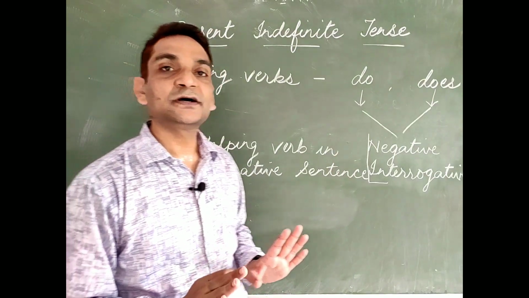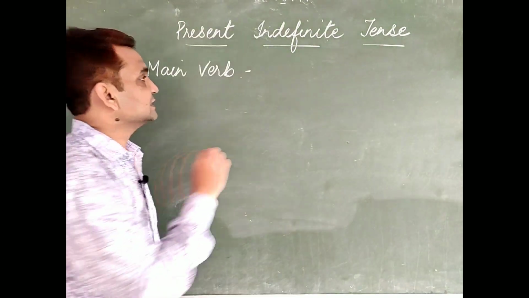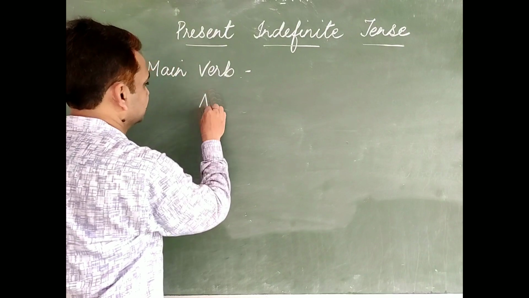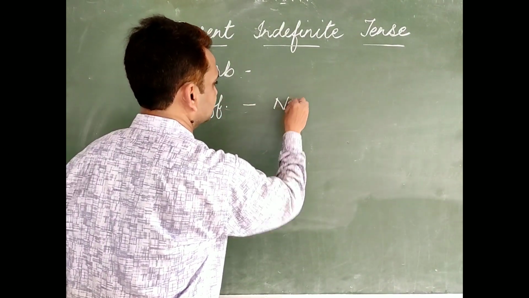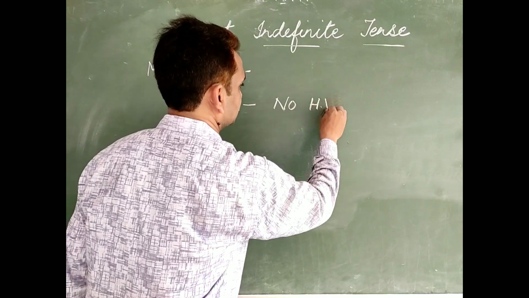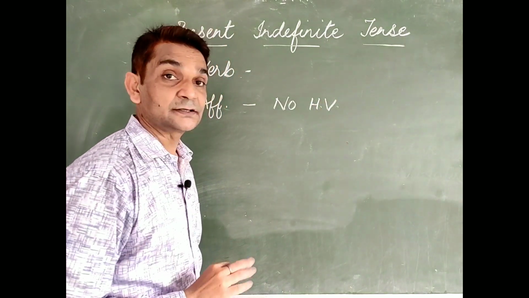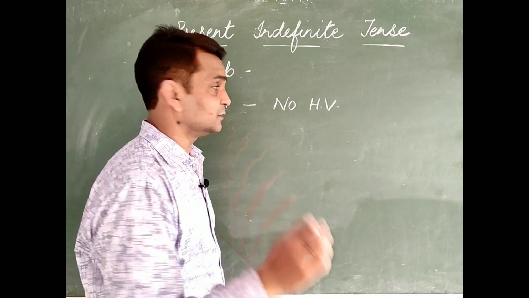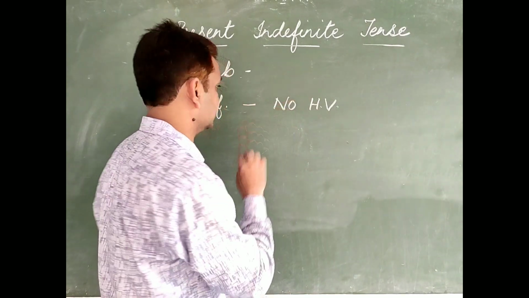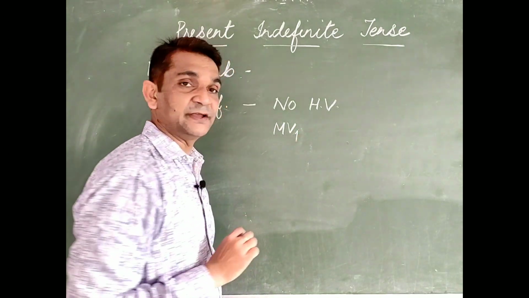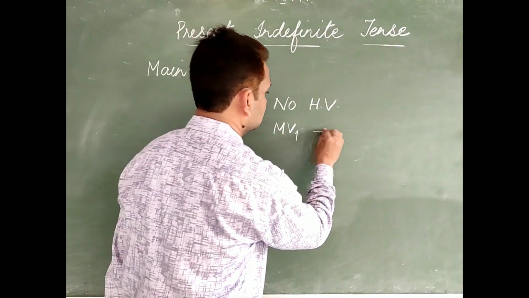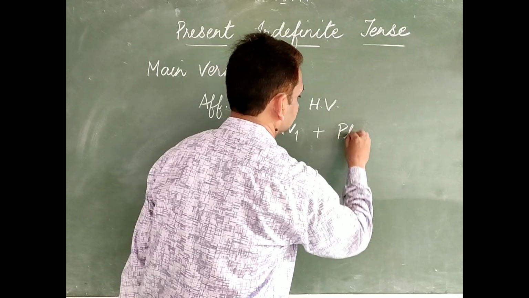Now let's come to the main verb. When the sentence is affirmative, no helping verb, but main verb will be used in this way. First form of main verb with plural subject.